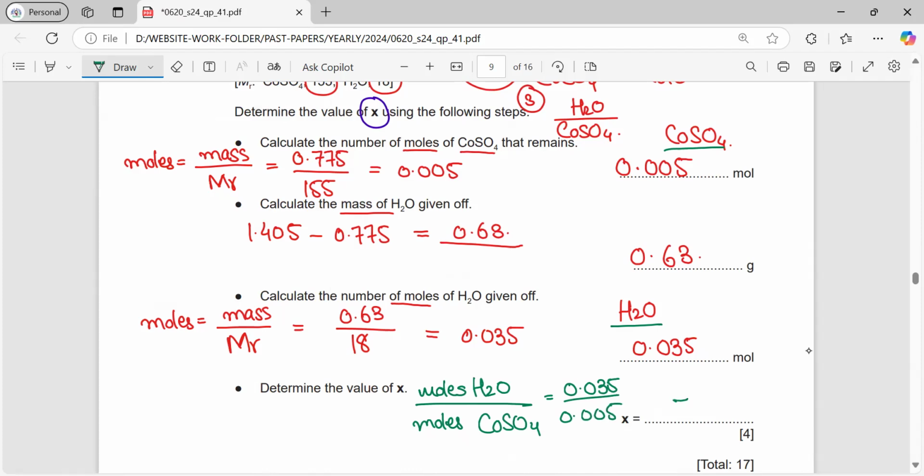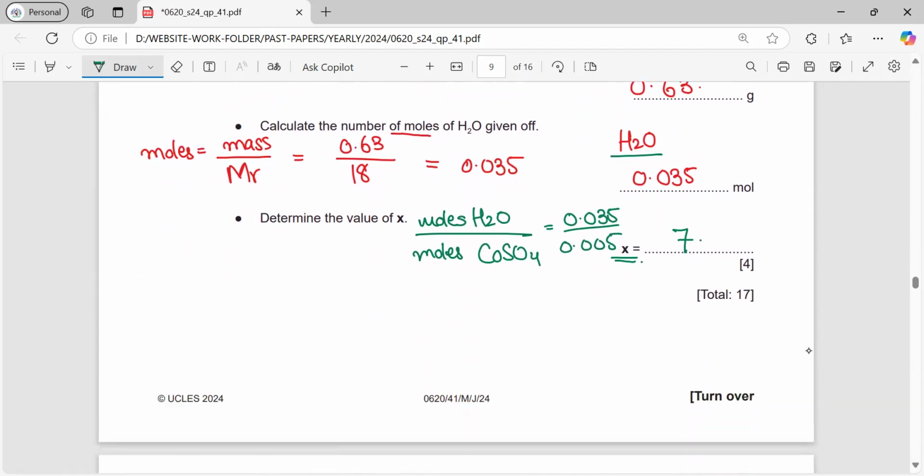And the answer comes out to be 7. The X is always a whole number. So it is 7. So it means that the formula of the crystals will be cobalt sulfate CoSO4.7H2O.